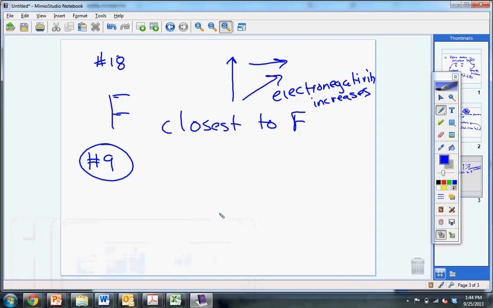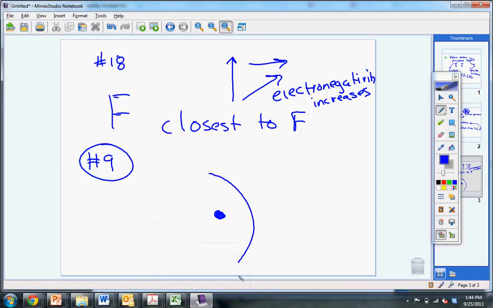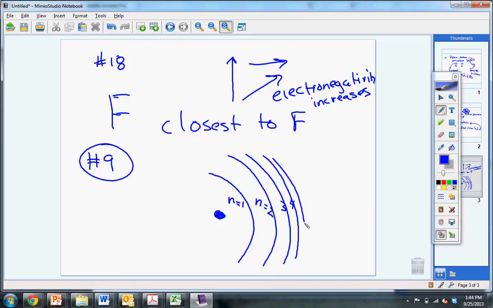So if I have my hydrogen atom here, I'm going to have energy levels, and here they are. n equals 1, here's n equals 2. Now watch what happens here. 3, 4, 5, and then closer, that's as close as I can get, and then 7.